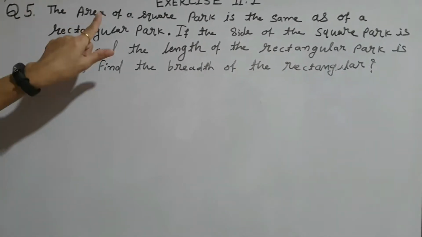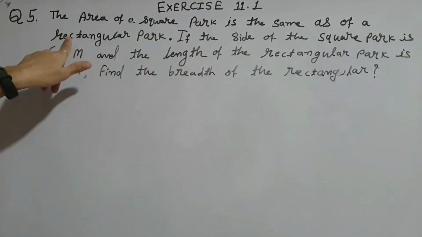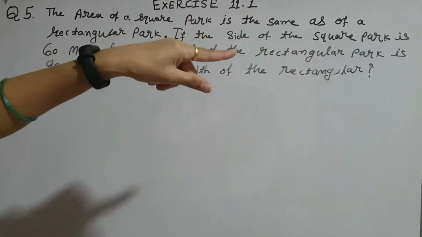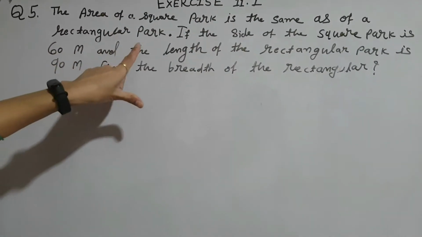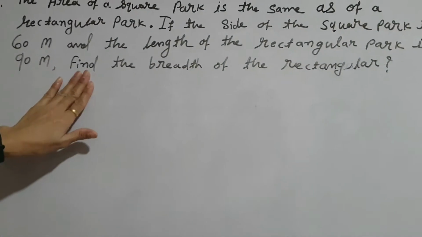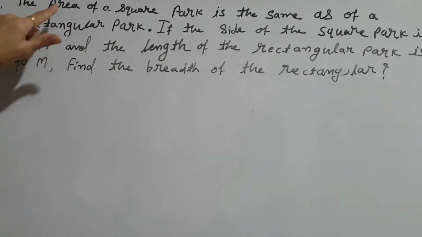The area of a square park is the same as that of a rectangular park. If the side of the square park is 60 meter and the length of the rectangular park is 90 meter, find the breadth of the rectangular park. What has been given here?